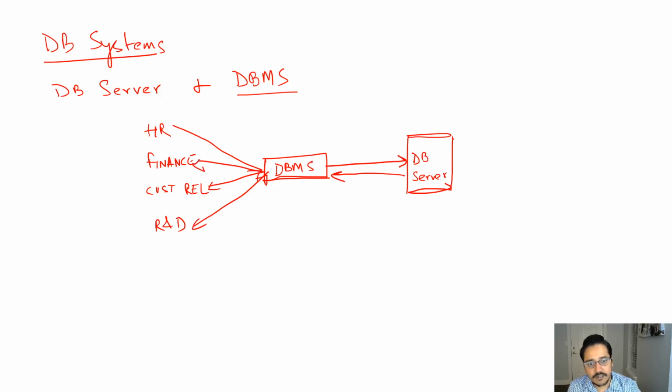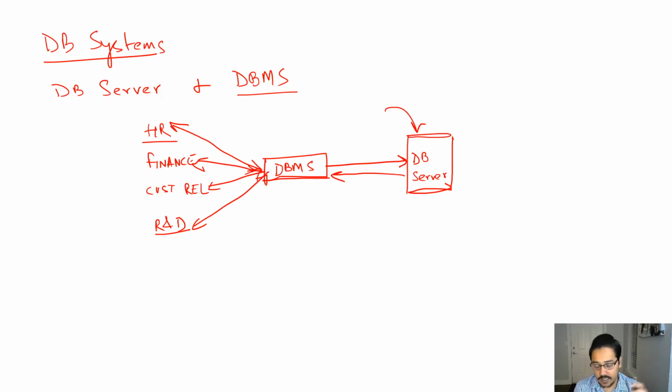So this kind of improved the nature of data sharing, which was lacking in the file system domain, right? Because now all of them can share the data, and if any changes were made by one department, it will happen in only a single location, which is storing the data. And then if the other department tries to access that same location, then they will get the up-to-date information.